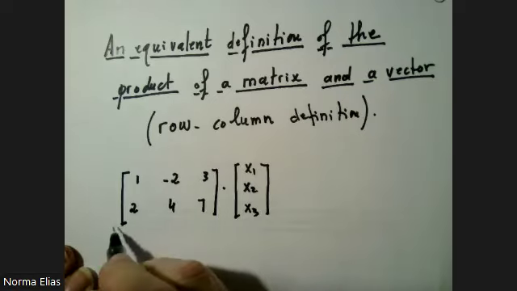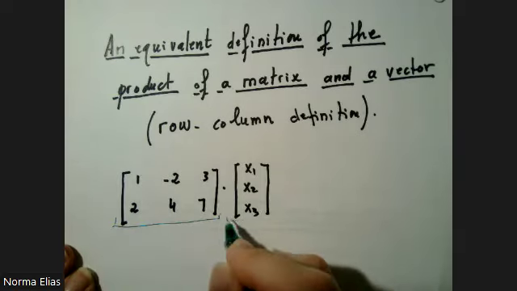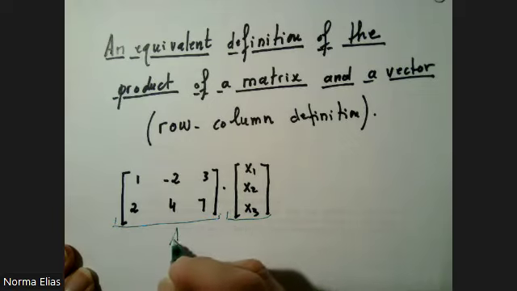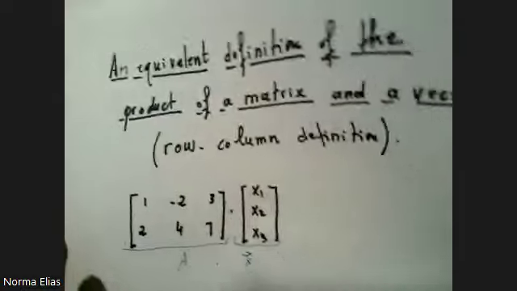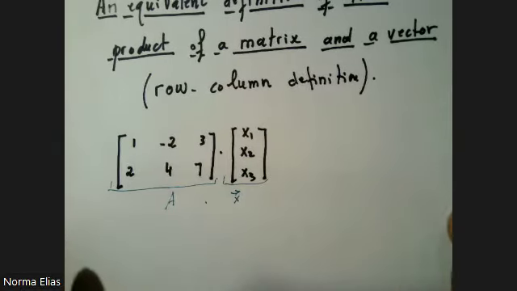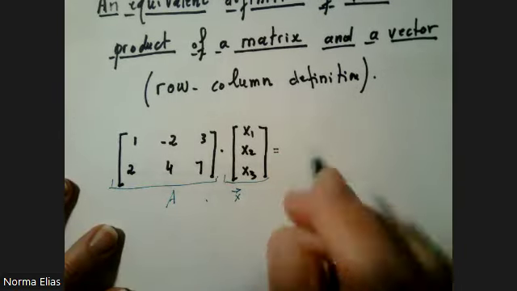So this is my matrix A. And this is my vector X. And we are going to multiply them. And you're going to see, once we multiply them, we're going to look at them in a different way. So what is the definition I gave you?